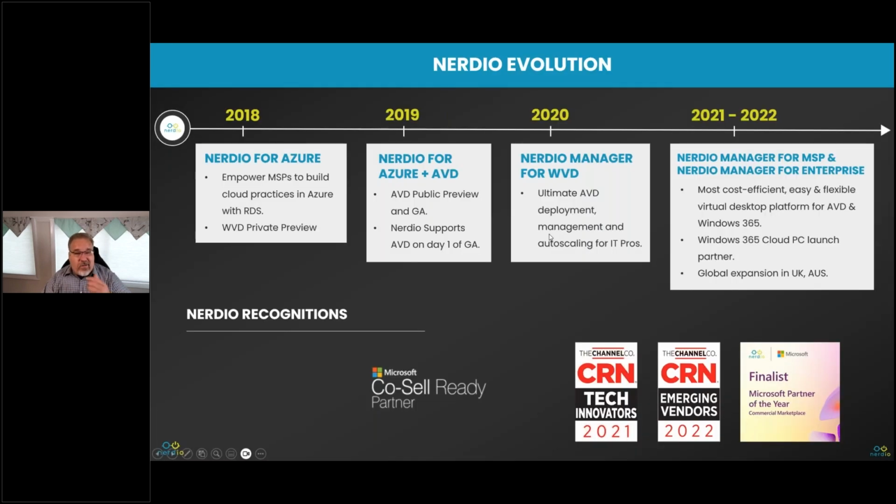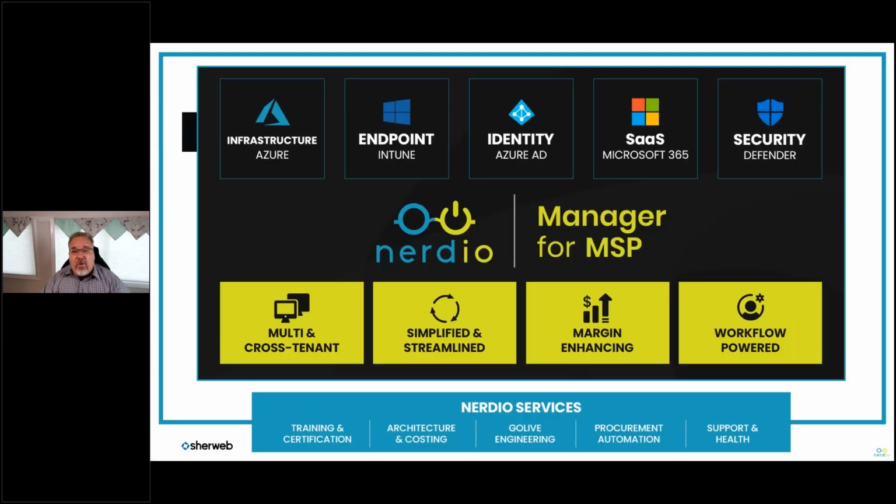And then I'm really not going to give Nerdio a whole lot of time, but Nerdio's been around for a long time. They're very good at working as a manager for MSPs. If you're interested in learning more about Nerdio, please reach out to our Azure sales team. There's a QR code that you can snap a picture of and send an email.